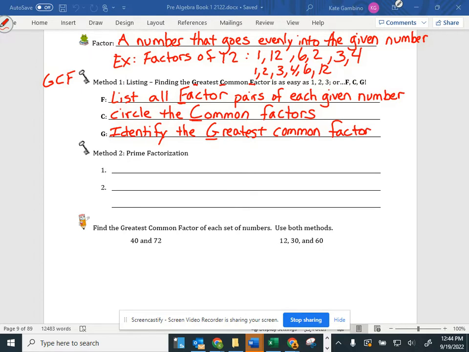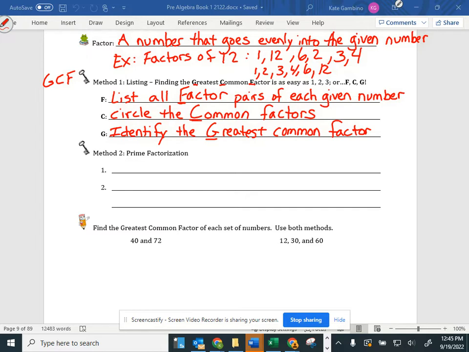So if you're going to do the listing method, you're going to list all the factors for each number you're given. You're going to circle the numbers that they both have in common, and then you're going to find the greatest one out of all the circled numbers.